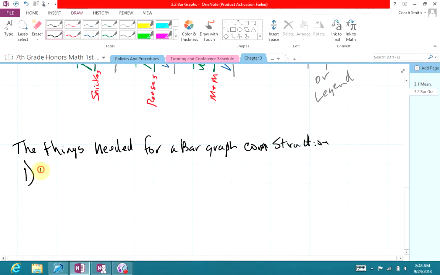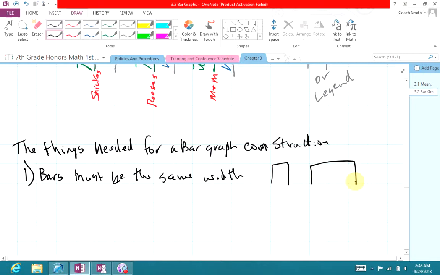Number one, the bars must be the same width. Okay? In other words, I can't have a bar that's like this, and then I have a bar that's like that. Okay? This would be wrong.